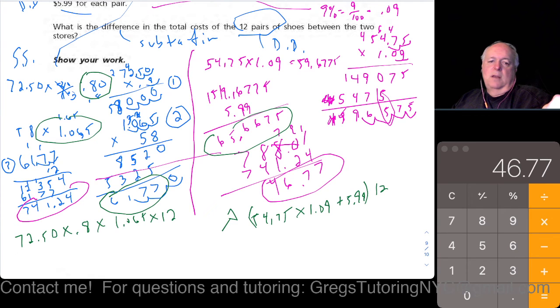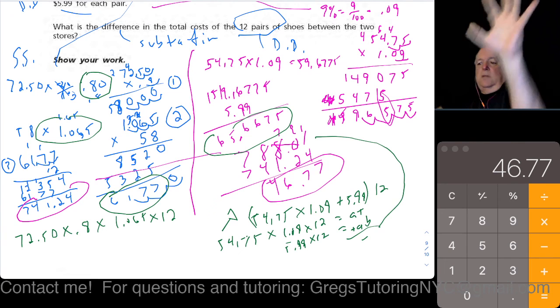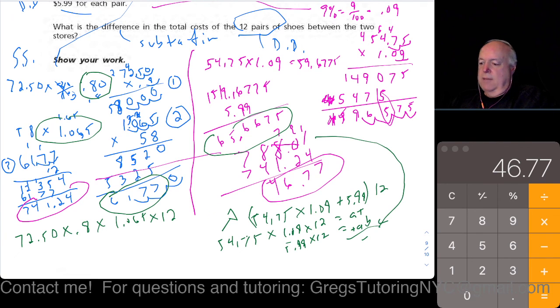We could have done 54.75 times the 1.09 times 12. And then we could have done 5.99 times 12. And we could have got the answer here for the top, plus the answer for the thing at the bottom, right? And added the two of those together. And when we did that, we would have gotten the 788.01. All right? So it's just how you want to view the numbers and distribute them and meander about them.